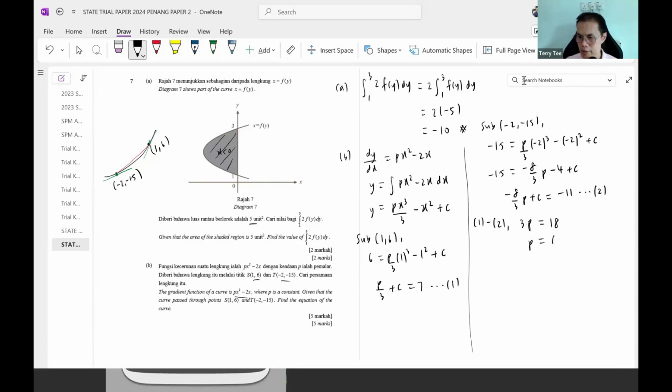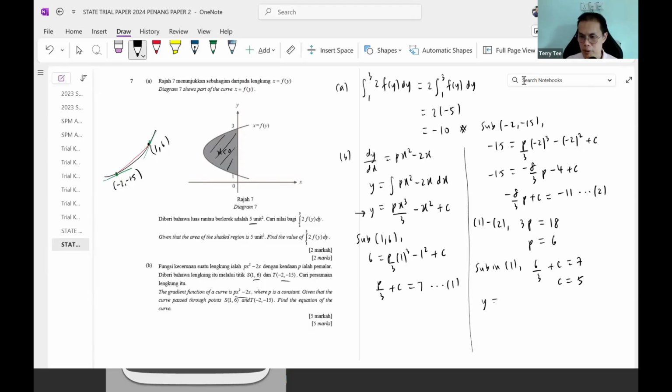Your p is 6. As we sub inside equation 1, you find your c value. This is 6 divided by 3 is 2. Bring over, 7 minus 2, c is 5. So now that I know my p and c, I can take these two values and sub inside my y.